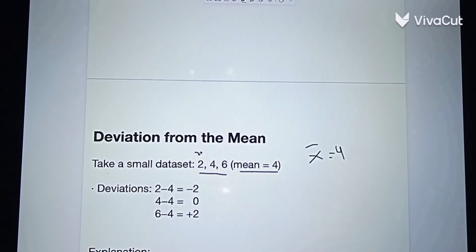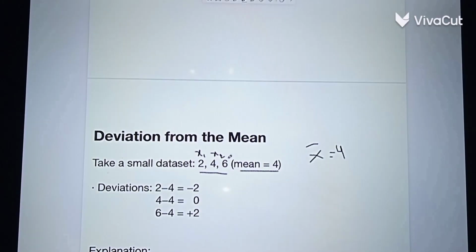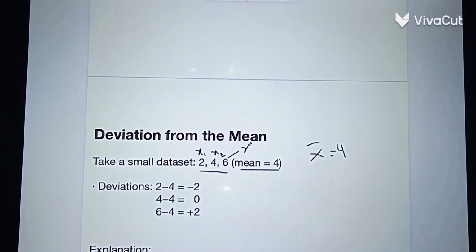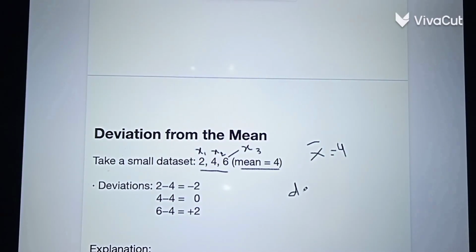Like this is the first value, x1, this is x2, and the third one is x3. Then the deviation can be denoted as d, and d is the difference of each value from the mean. So let's take x1.